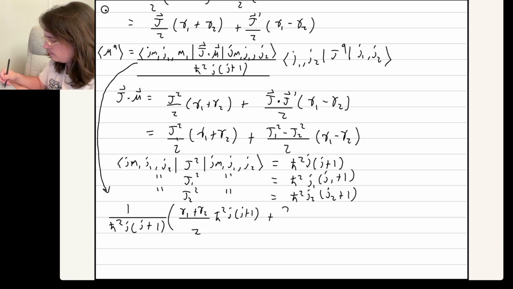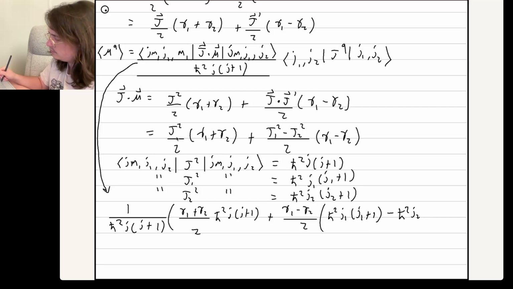Then you'll have a gamma 1 minus gamma 2 over 2 term, which is multiplied by h bar squared j1 times j1 plus 1 minus h bar squared j2 times j2 plus 1.